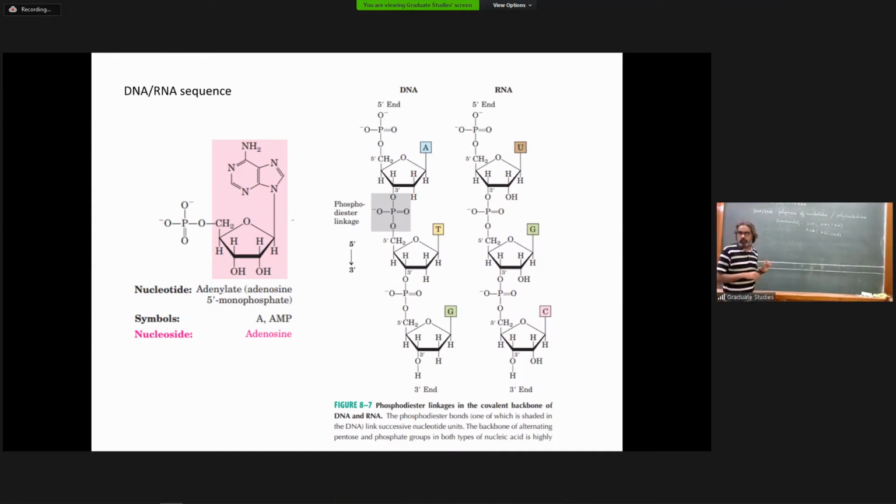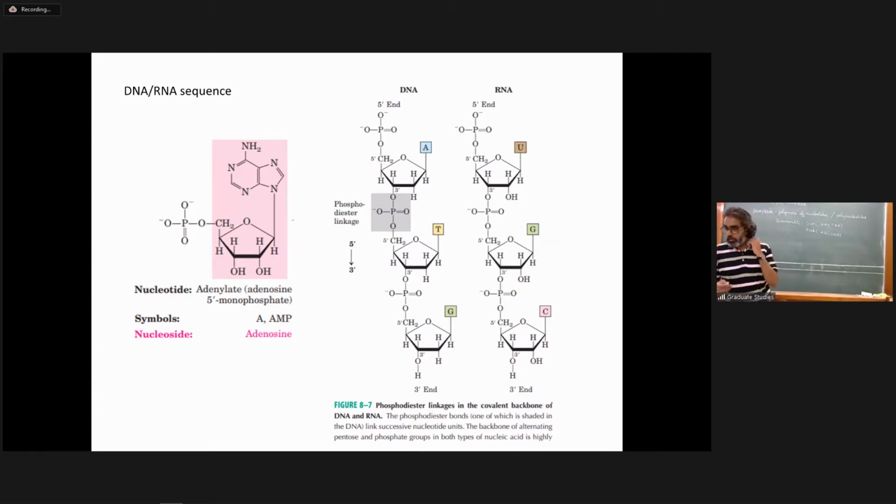For example, this nucleotide's base is adenosine and the phosphate is at C5 prime, so it's called adenosine monophosphate, or AMP in short form. Specifically, the phosphate is at this 5 prime, so sometimes it is called 5 prime AMP.